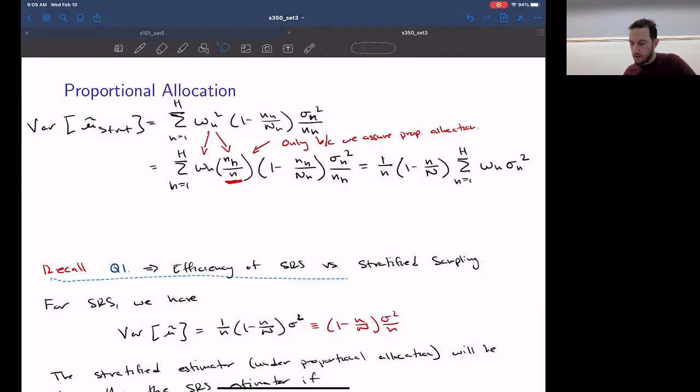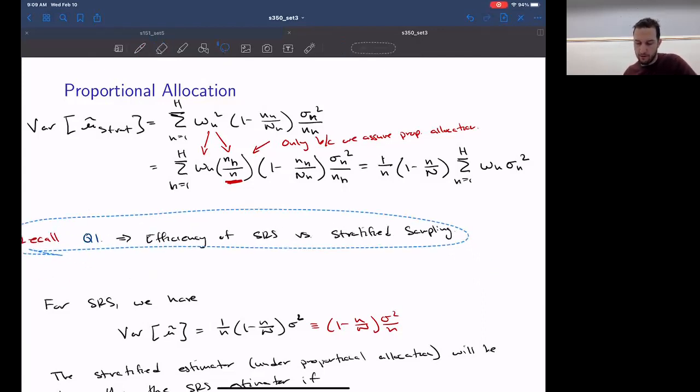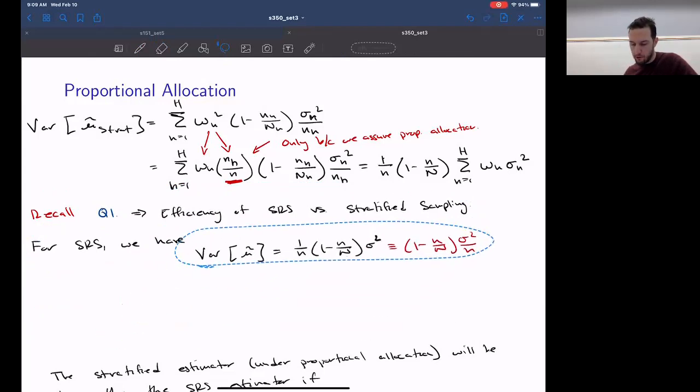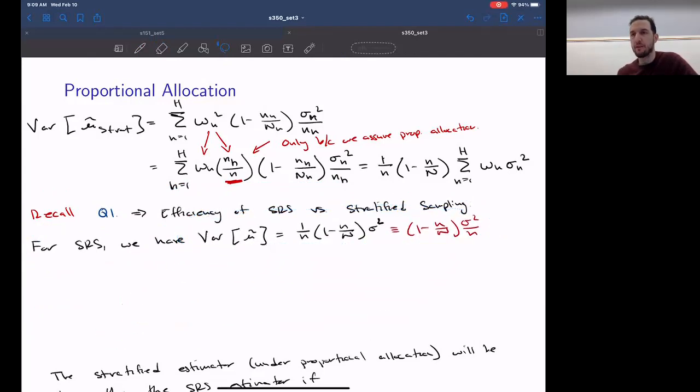Okay, so when we want to compare the estimators from SRS to the estimators from the stratified approach, one of the natural ways for us to do this in the context of a statistical comparison is to compare their variations. So we can say that one approach will be more effective than the other if the variation of that estimate is less than the variation of the other estimate.